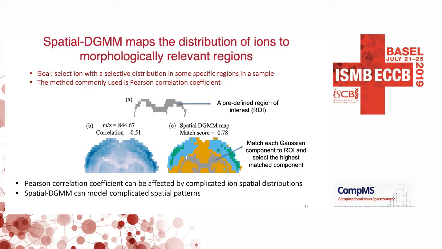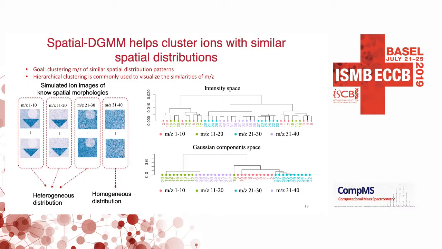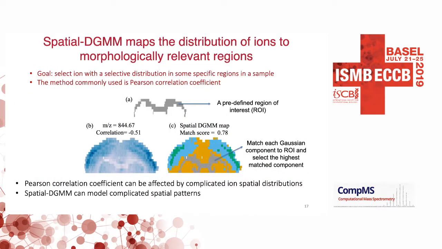But if we fit this ion image using spatial DGMM and match each Gaussian component to the region of interest and select the highest matched component, we can see the gray component actually is a good match.